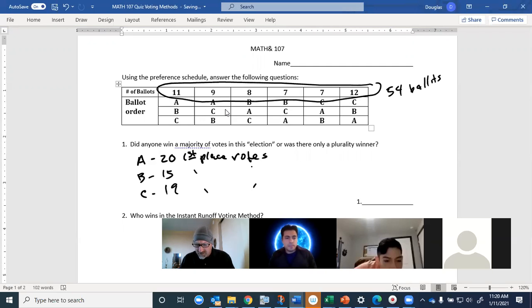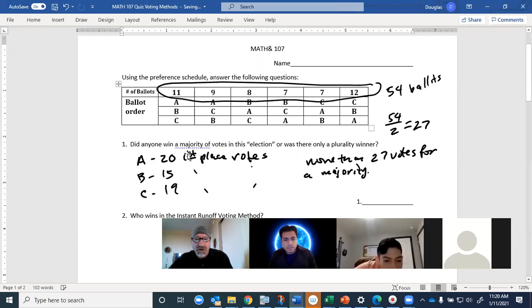That means if you take half of 54, that's 27, you have to have more than 27 votes to get a majority. So clearly, nobody got a majority. There is no majority winner.